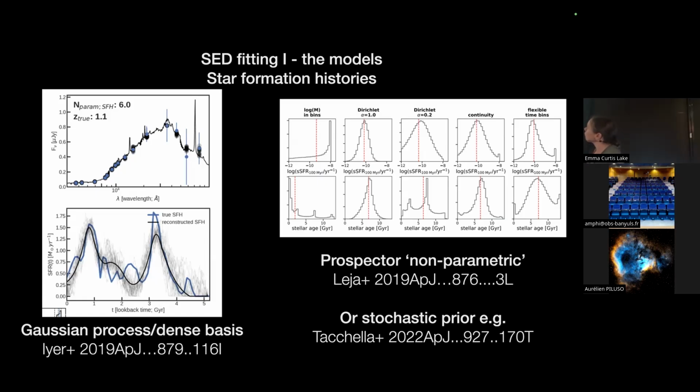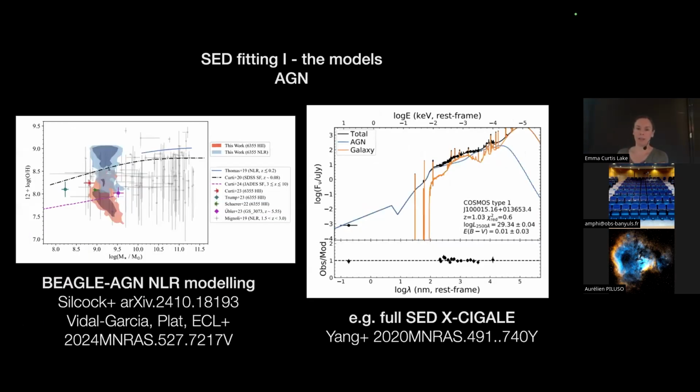I'll explain why that's needed. And you can add in other components here. So we've mentioned stars, we've mentioned dust, we haven't mentioned AGN, and they have a huge impact especially on the emission lines. So we've got BEAGLE AGN includes the narrow line region. So you've got a spectrum.